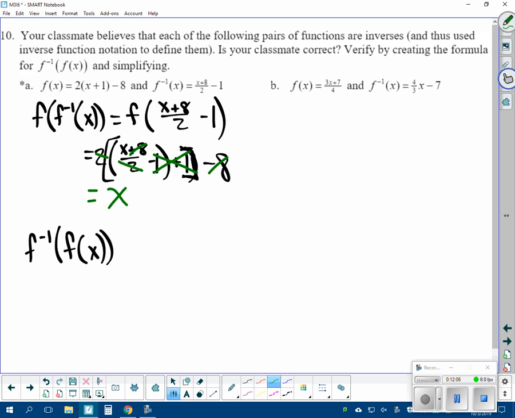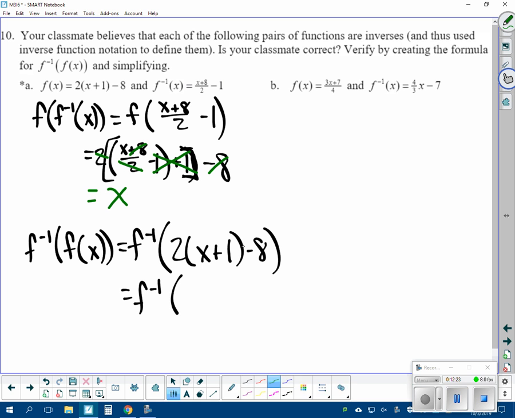Does that mean those are inverses? No. Not yet. You still have to check the other way. It's got to work both ways. So f inverse of, now you're going to do 2 times (x plus 1) minus 8. And you might choose to simplify that first.